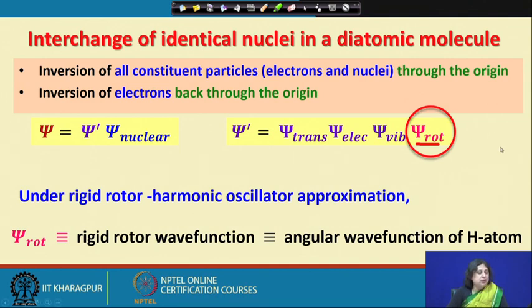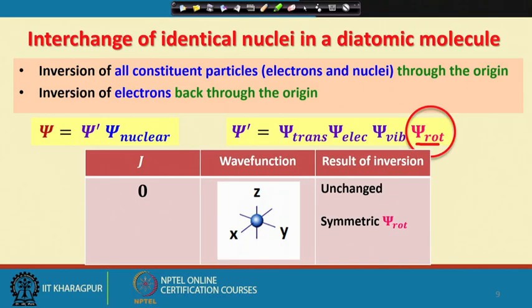Now, this particular observation tells us that I can use the properties of hydrogen atom orbitals to understand the symmetry properties of the wave functions for a rigid rotor case.